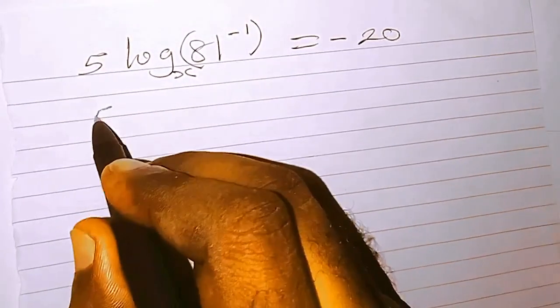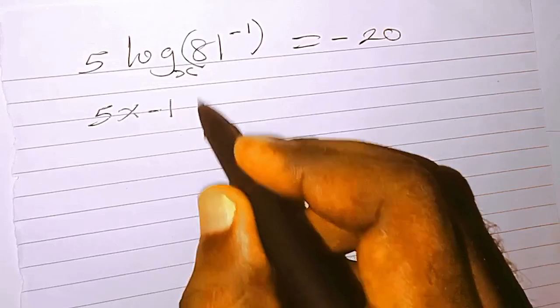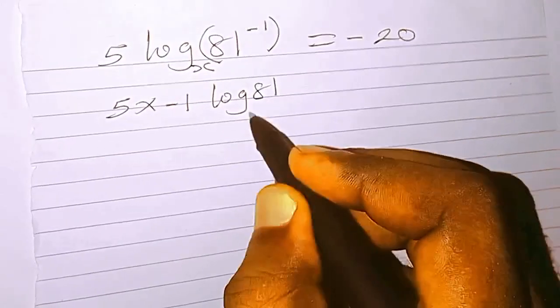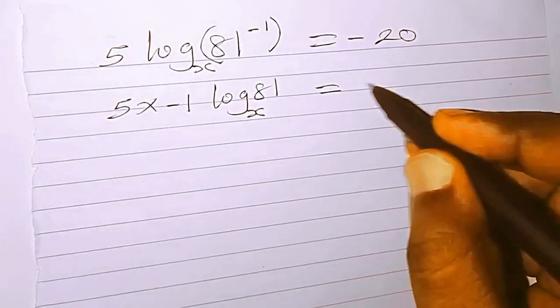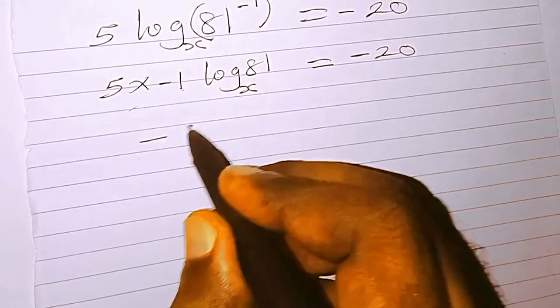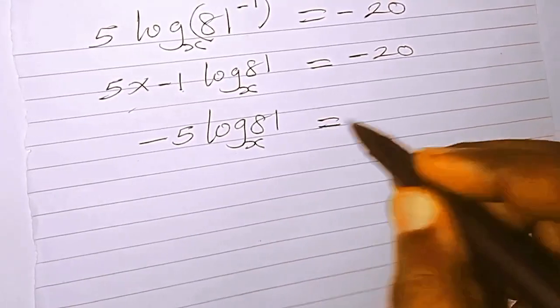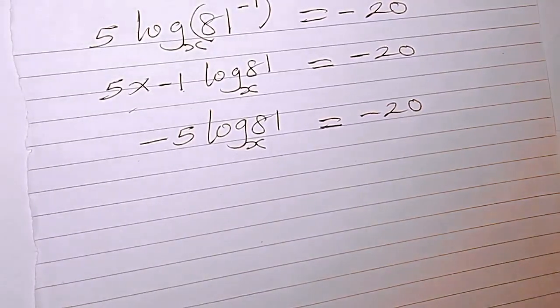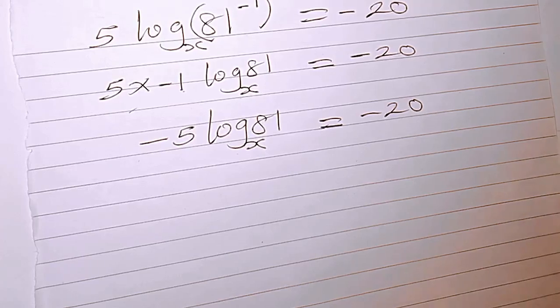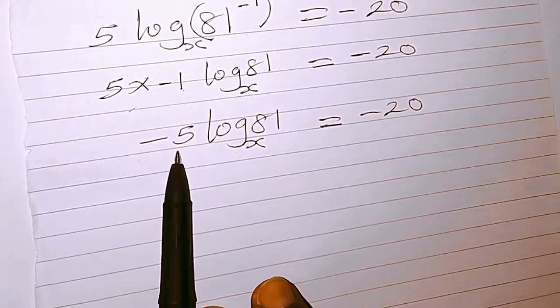And therefore, this becomes 5 times minus 1, and then log 81 to base x equal to minus 20. And therefore, 5 times minus 1 is minus 5, so minus 5 log 81 base x equal to minus 20. And of course, minus 5 has become the coefficient of log 81 base x, so we need to divide both sides by minus 5.